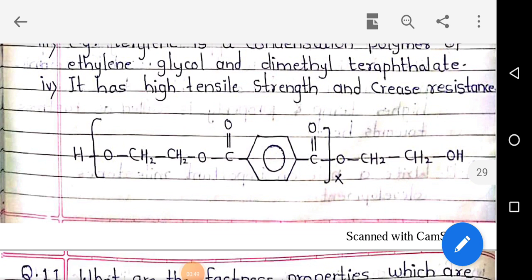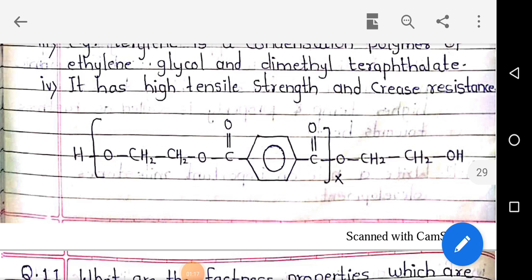The polyester structure is also given here. It is a polymer, that's why it has repeating units, and that repeating unit is the benzene ring. A benzene ring has two terminals attached at para positions to the linear chain.